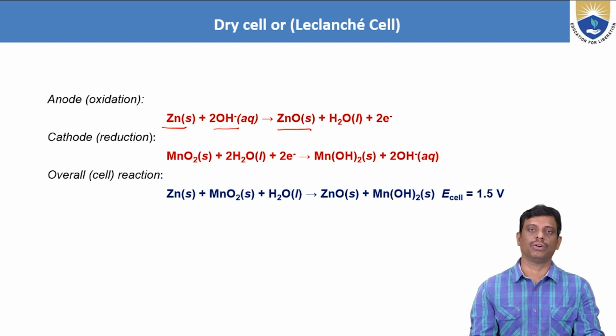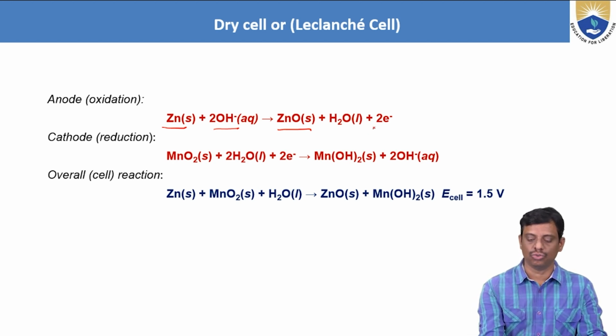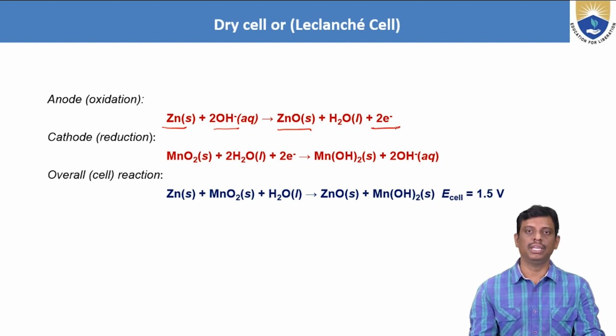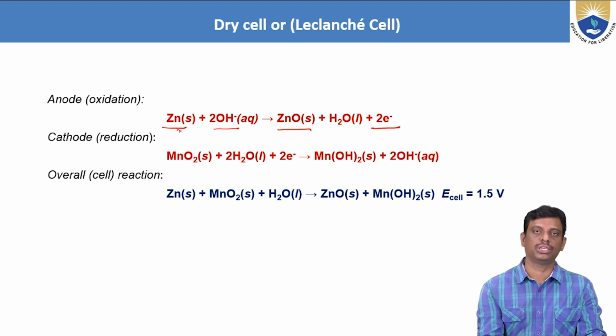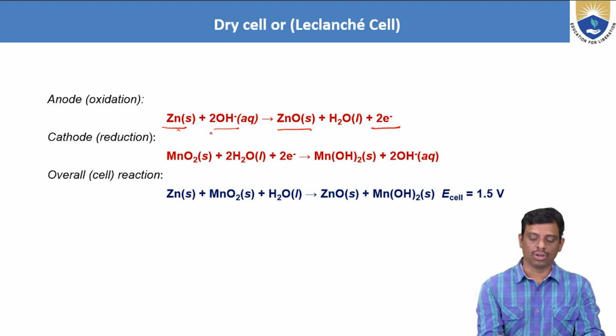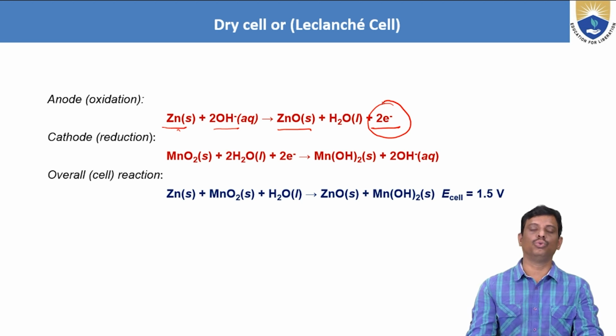The formation of zinc oxide releases 2 electrons. At the anodic reaction, oxidation takes place. Zinc undergoes oxidation, and due to the oxidation, 2 electrons are released.